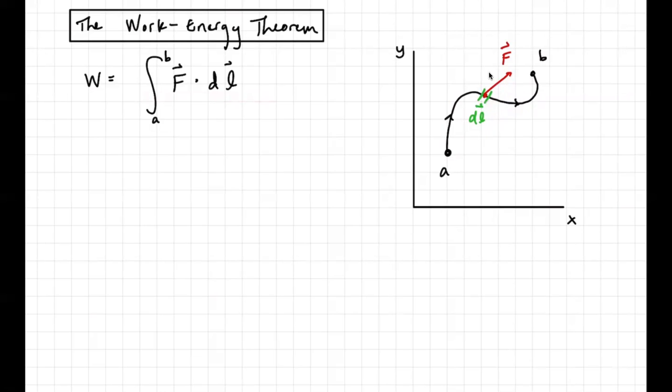So to start here, I want to ask not what is the work done by a single force F, but what's the work done by the net force? That will look like this, just replacing the force in there with the net force. Basically all I'm doing is adding up the forces on an object and compressing those into a single integral expression.